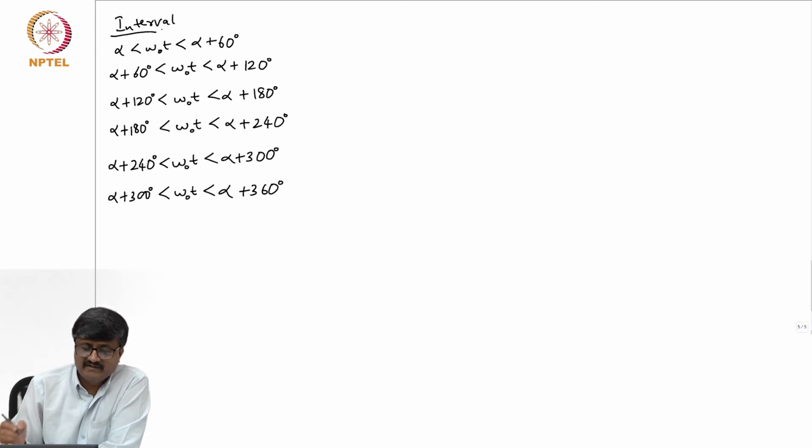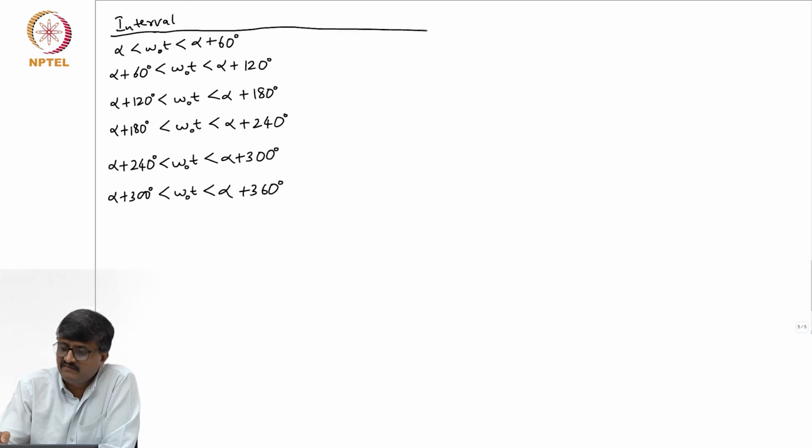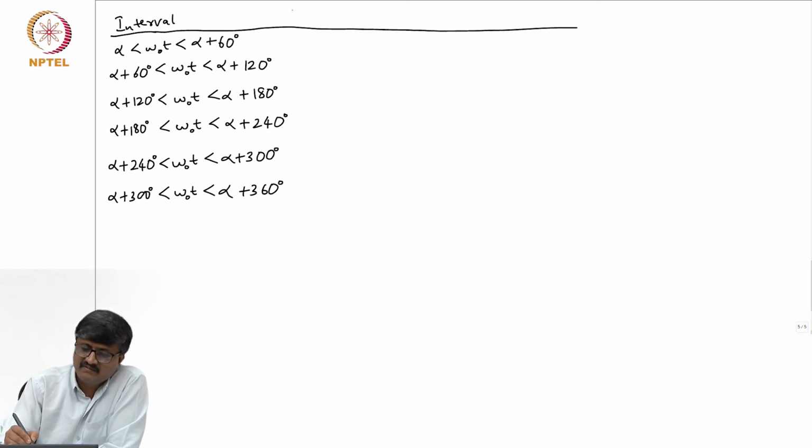So these are the 6 intervals in one cycle. So let me see what are the valves that conduct in each of these intervals.